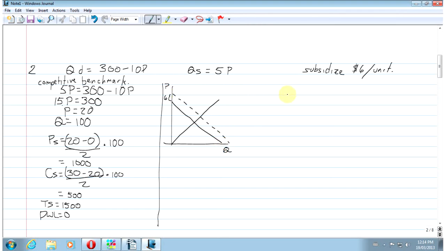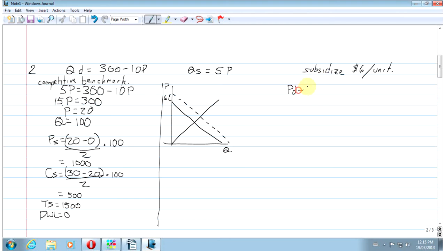So I need a basic relationship to come up with the difference between price of demand and price of supply, right? Because I've driven this wedge in here, and I only have two equations, so I need to find some third equation to relate price of demand to price of supply, okay?